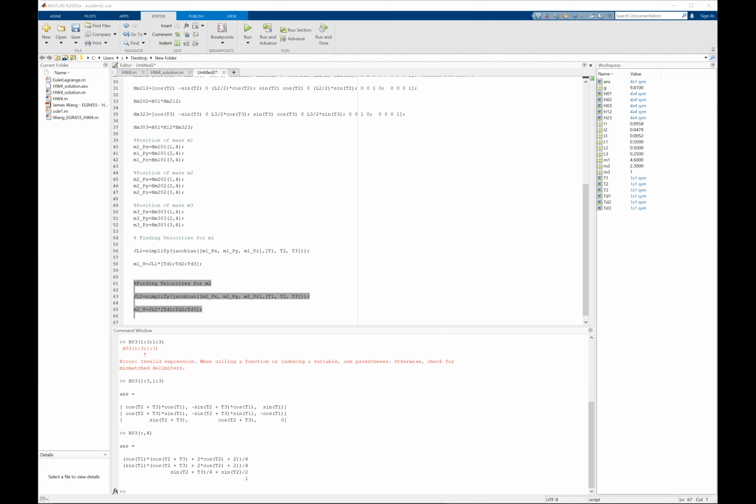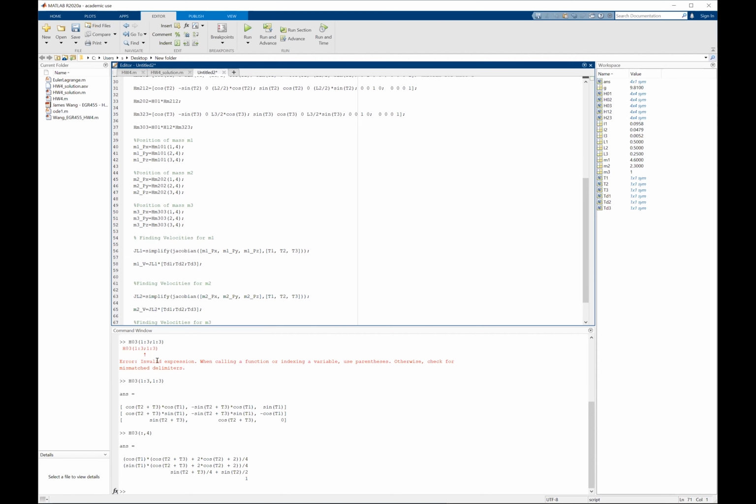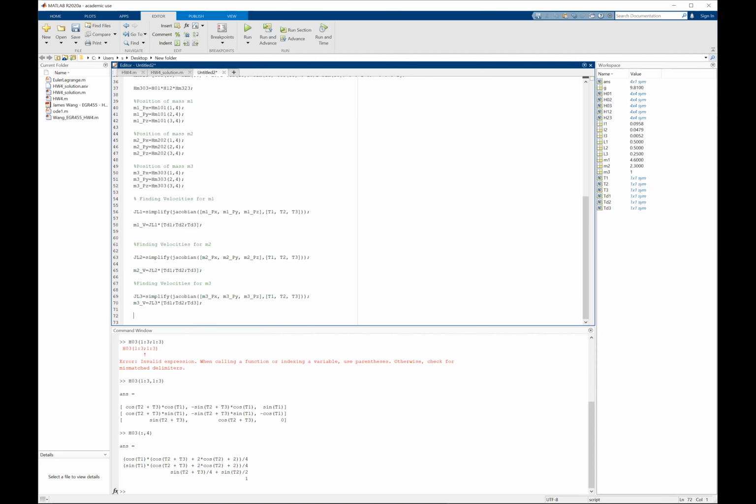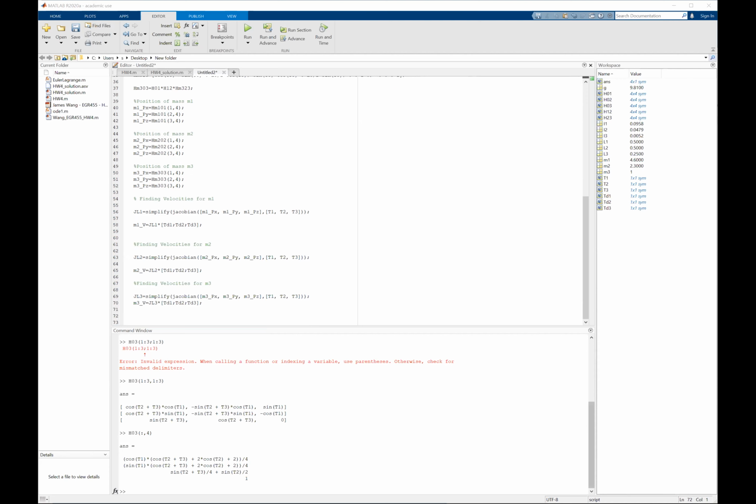Now we will do the same thing for mass 3.